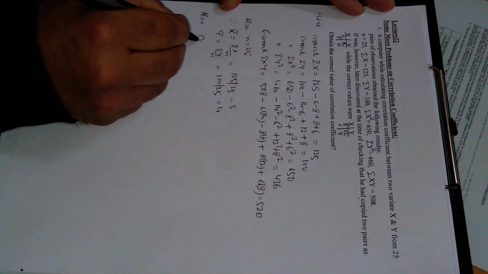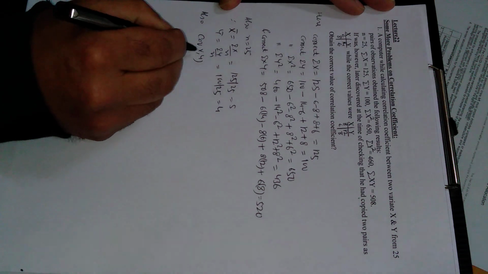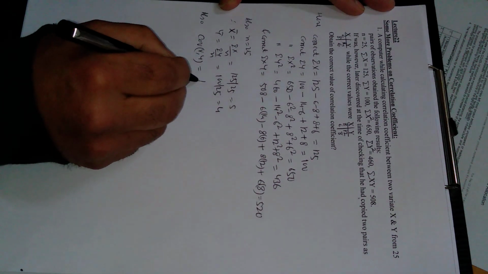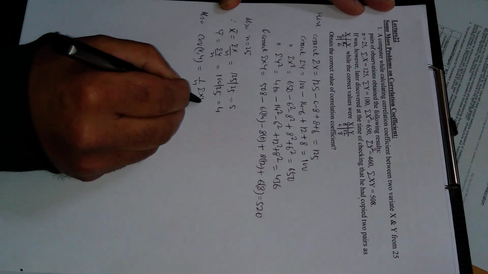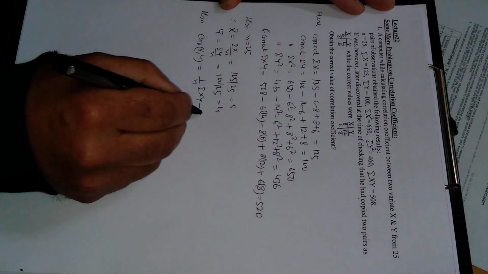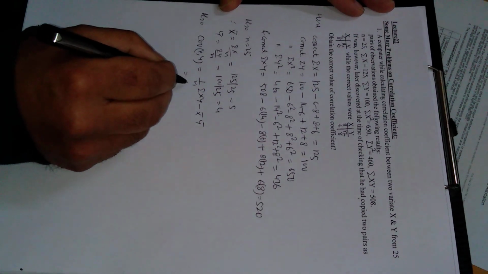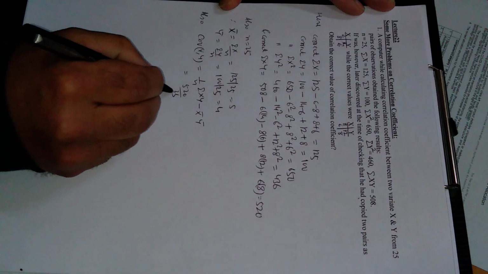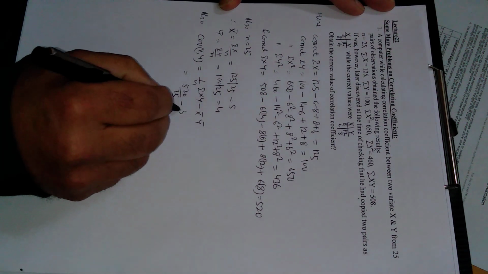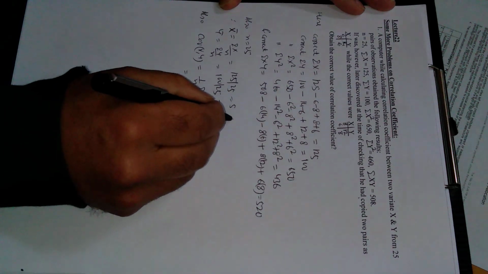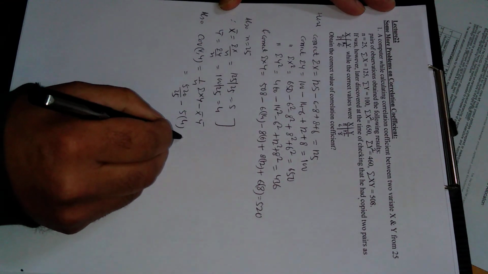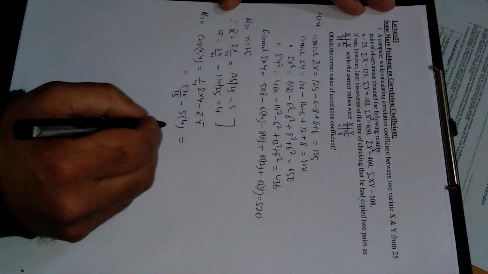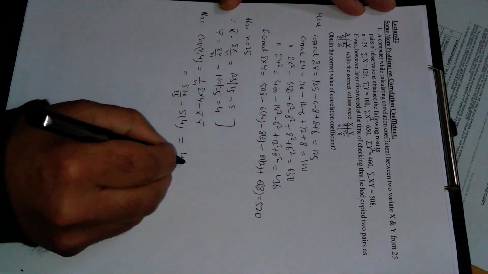Also covariance between x and y, we know this formula: 1 upon n summation xy minus x bar y bar. Substitute the values: summation xy is 520 divided by 25, minus x bar y bar, this is 5 and 4 as calculated here, which on simplification will come out to be 4 divided by 5.